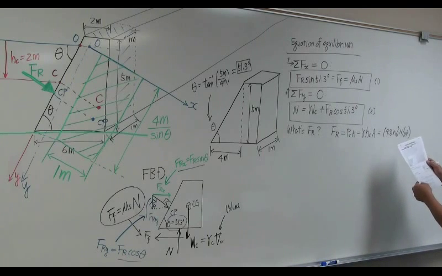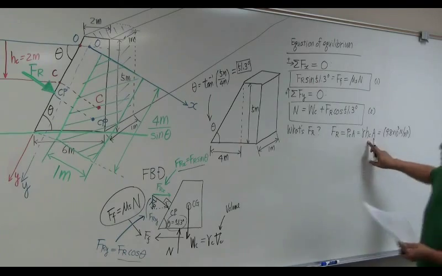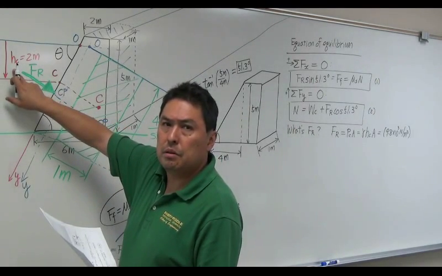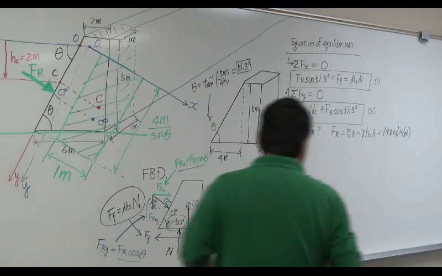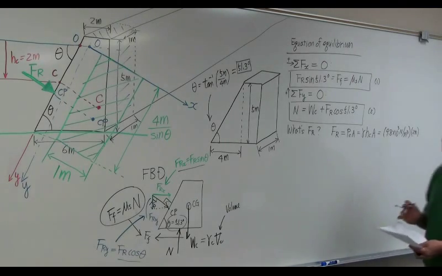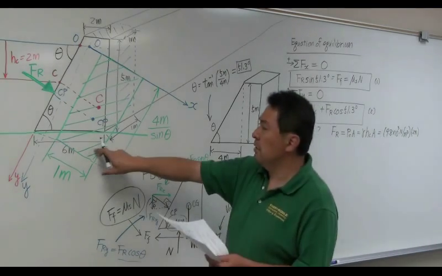So anyways, hc, what's hc? hc, we know, 2 meters. Cross-section area. What is the cross-section area? This is the cross-section area of interest.